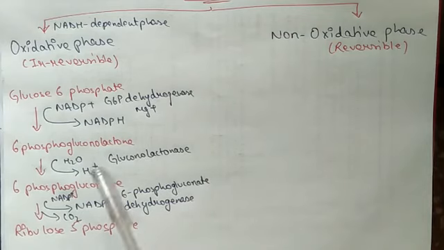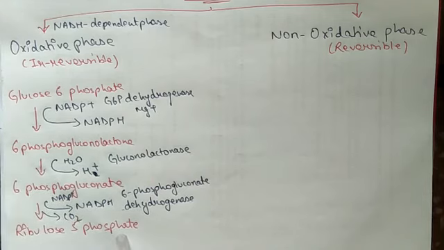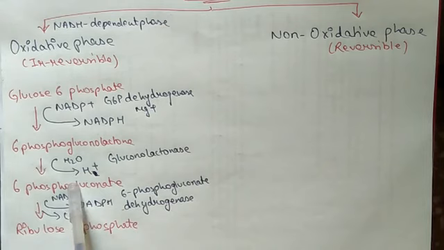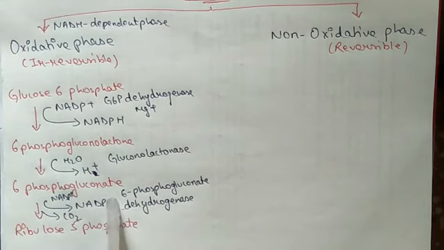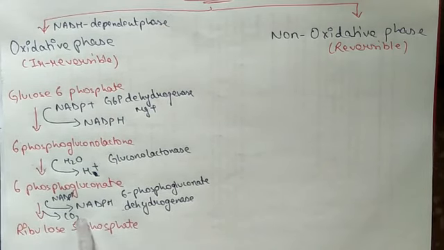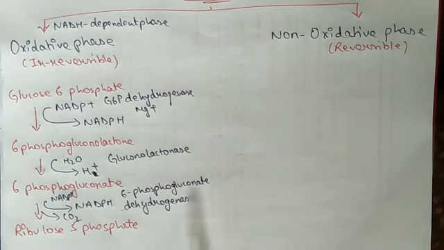And at last this 6-phosphogluconate gets eventually converted into ribulose 5-phosphate, and NADP plus gets converted into NADPH, with the release of CO2, the 1 carbon molecule, and 6-phosphogluconate dehydrogenase is used.